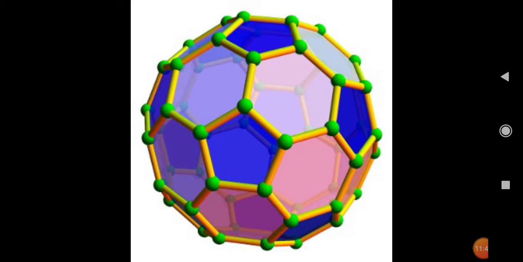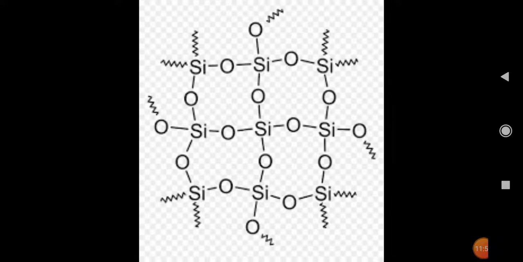We have discussed diamond, graphite and fullerenes, and also seen a number of their properties. Now we are moving towards the compounds of carbon as well as compounds of silicon. Carbon has a number of compounds, those are nothing but carbon monoxide and carbon dioxide. These are the different types of carbon compounds.